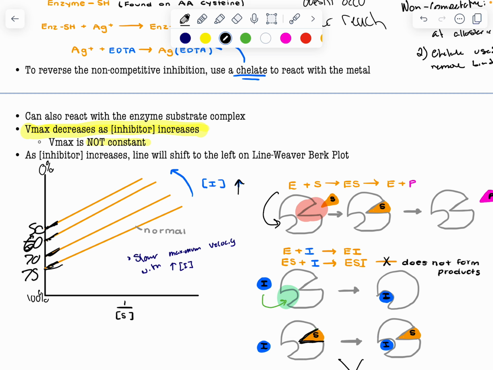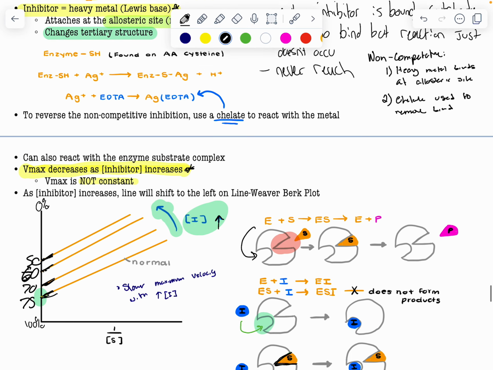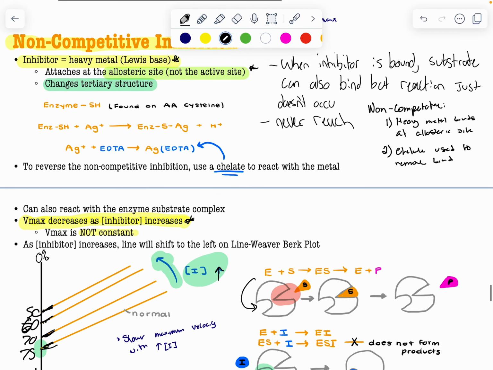And we can see, with an increasing inhibitor concentration right here, again, we're going to shift to the left, but our Vmax is going to decrease as well. So for non-competitive inhibition, one of the biggest concepts we need to know is that our Vmax decreases when there's an increased amount of inhibitor present.